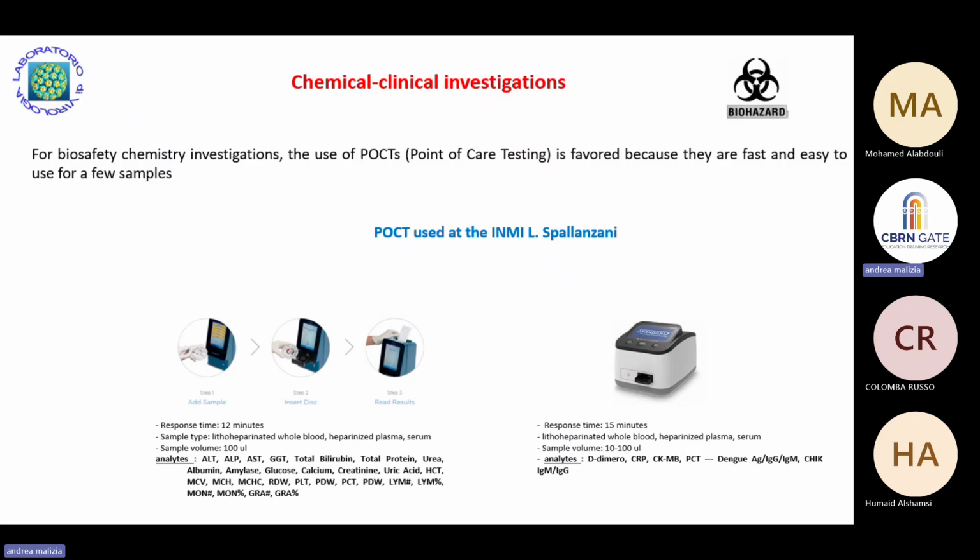For example, when a person infected with a pathogen group 4 arrives, you use this point of care to analyze different analytes: protein, urea, albumin, different analytes, to show indications to the medical doctor.